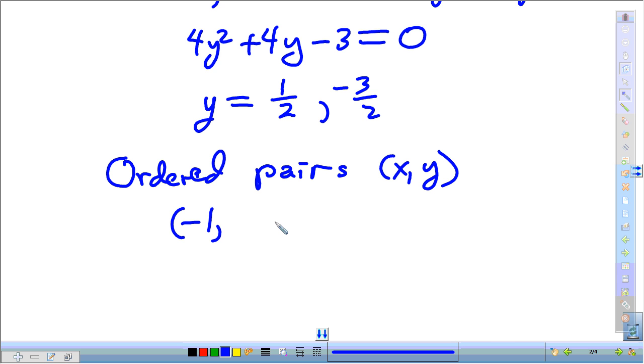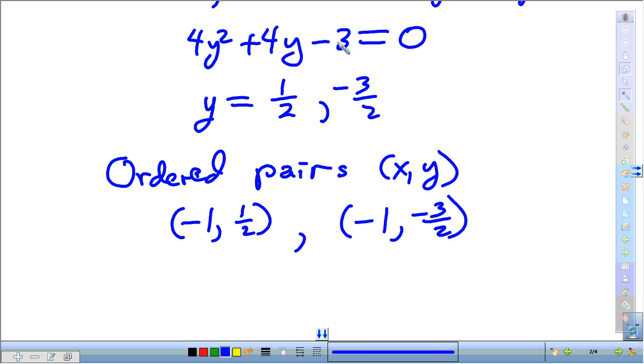In this case I substituted x equal minus 1, and I found that 1/2 was the solution for y, but I also found minus 1 for x, and the value minus 3/2 also gives a solution. So it's a convenient way to write the solution pairs, x and y, as ordered pairs. Here I found 2. We could continue substituting x's or y's and trying to solve. This is one way we could try to find them.